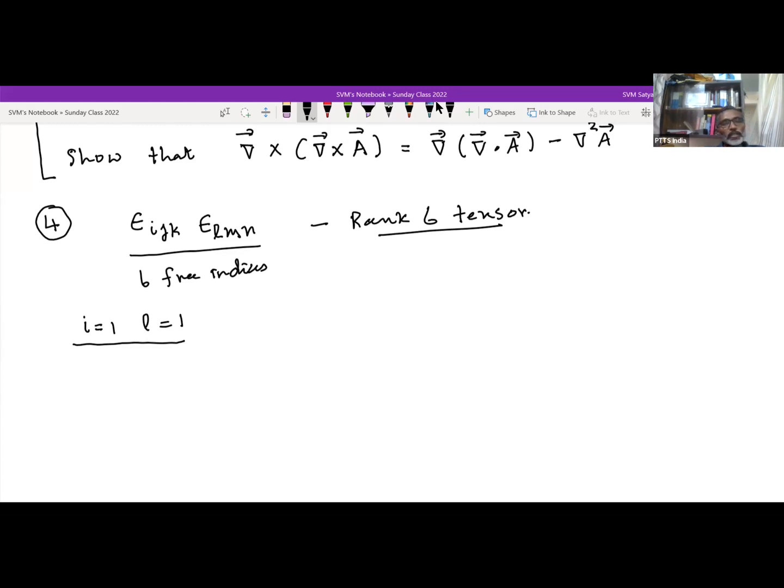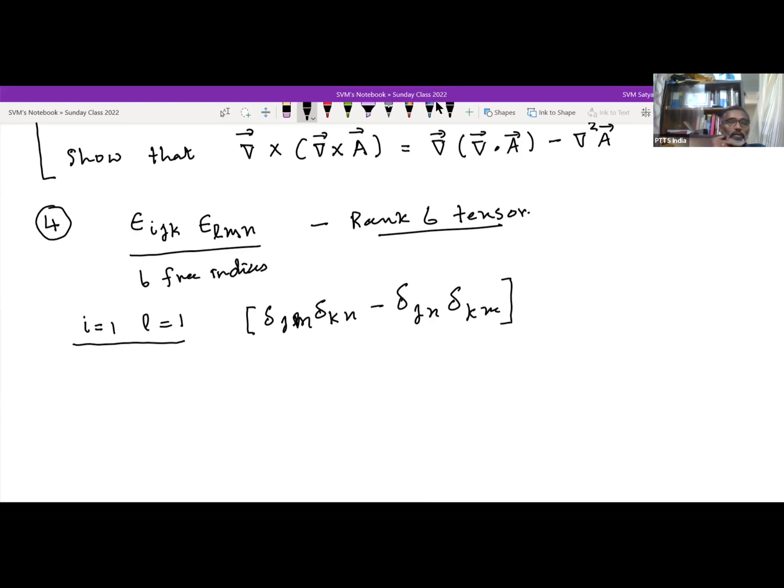What is the previous result? If I fix this, I have a fourth rank tensor. So for that, I have delta JM, delta KN minus delta JN, delta KM.